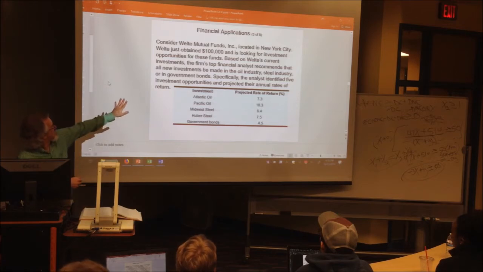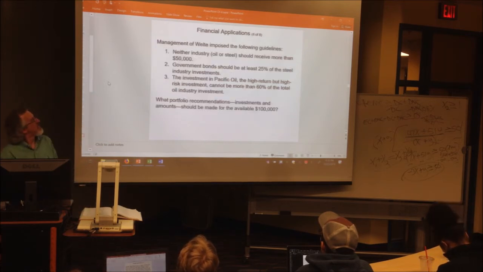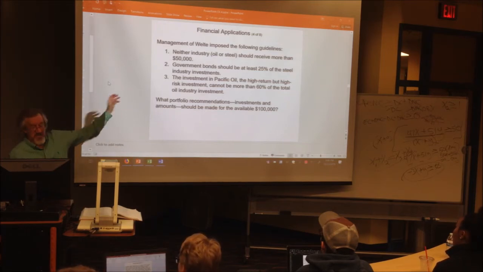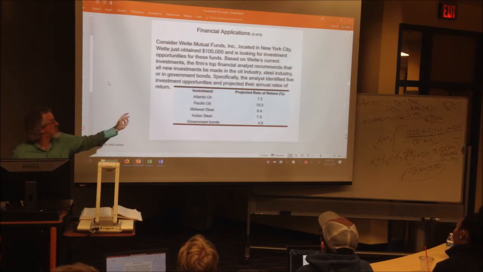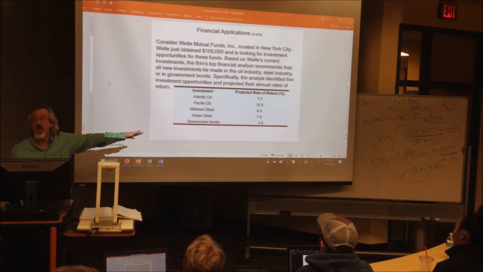Then it's saying you recommend these 5. Here's the deal. They said, however you're going to tell us how to invest it, we don't want either oil or steel. Let me make sure you understand what that means. 2 of these investments are oil, 2 of them are steel, and 1 is a government bond.